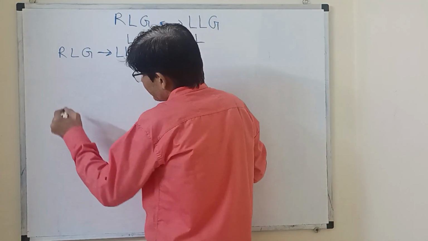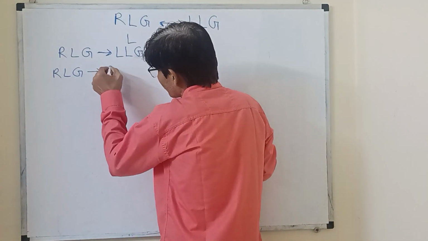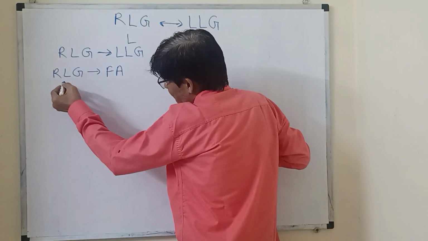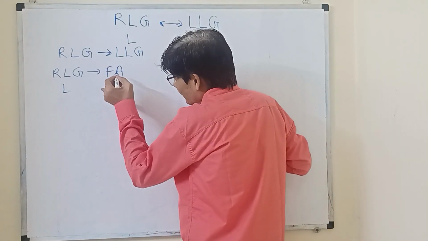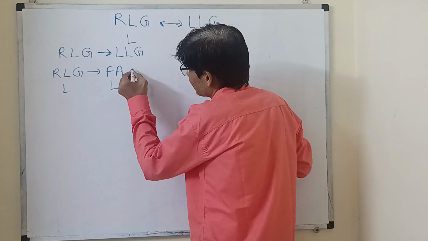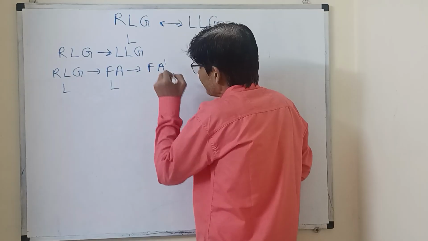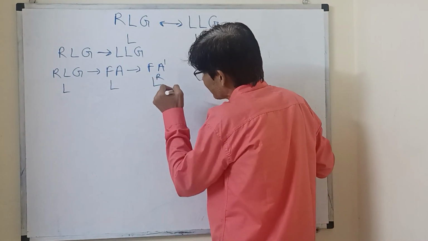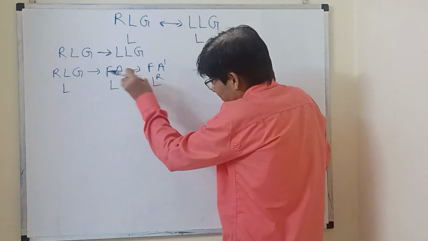From the RLG you can convert it into a finite automata. Suppose this particular RLG is generating language L, then this finite automata will also accept language L. Then this finite automata you will convert into a finite automata A dash, which is accepting the reversal of L. How would you convert this finite automata to accept the reversal of the language?